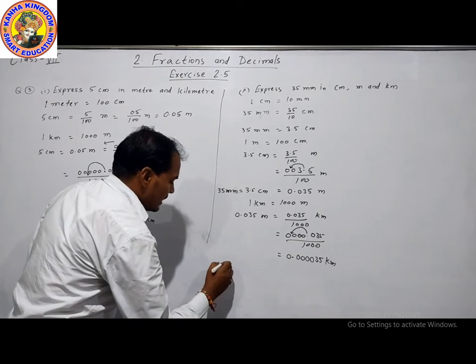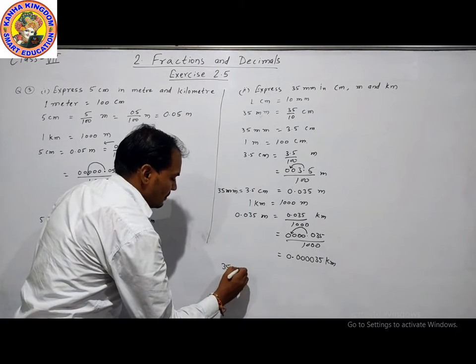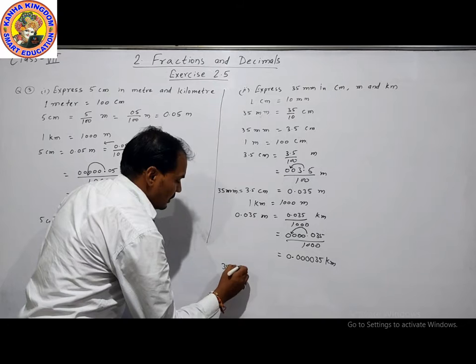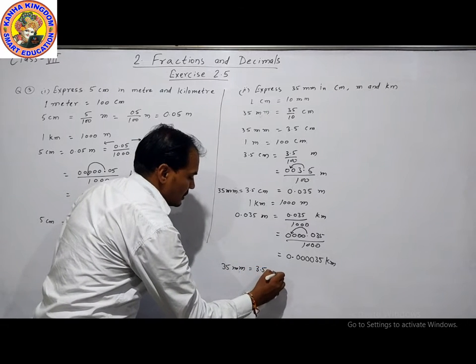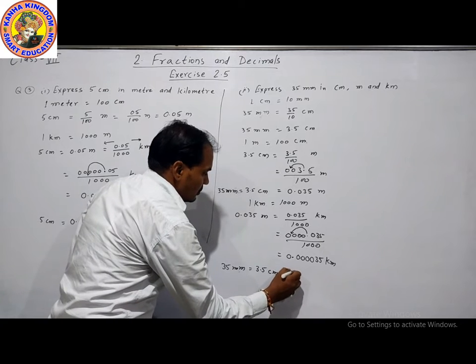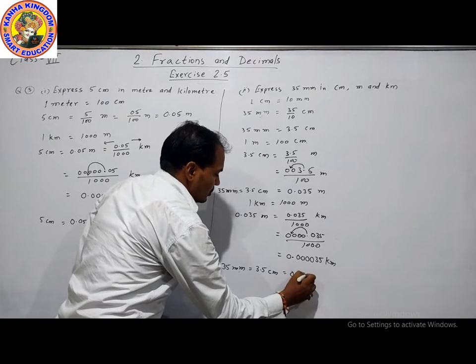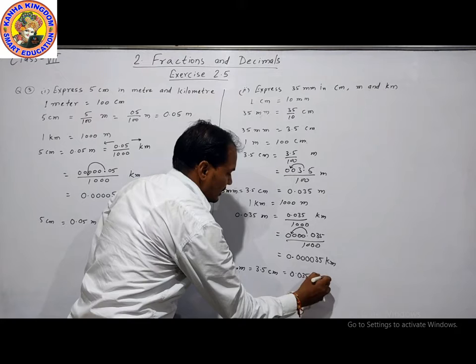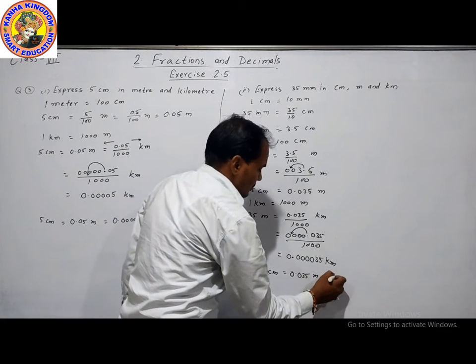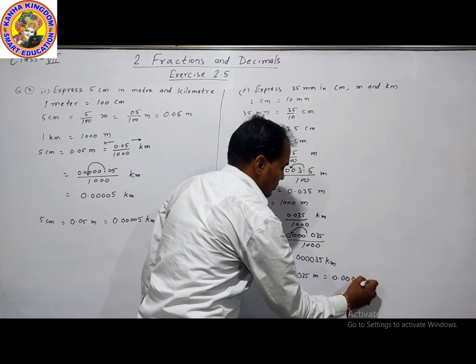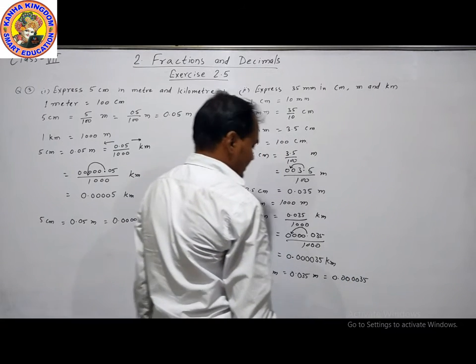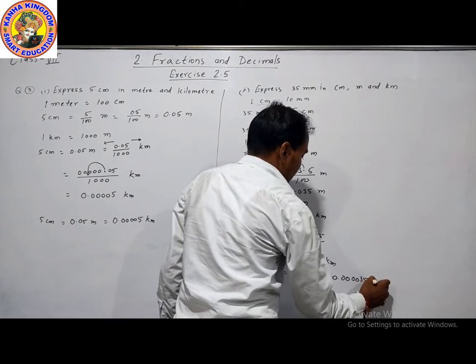The final answer is 35 mm, 3.5 centimeter, 0.035 meter is equal to 0.000035 kilometer.